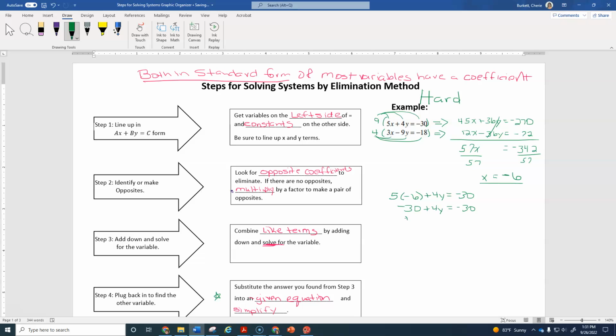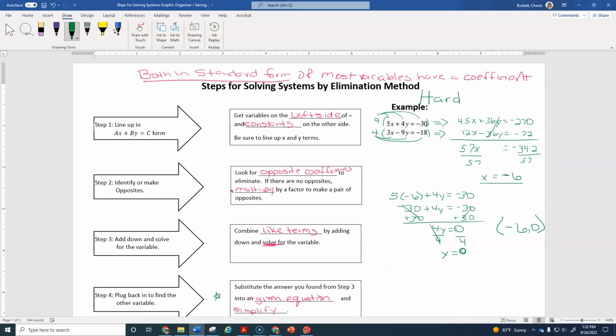Going to add 30 to both sides. Those add to 0. 4y equals 0, but I'm going to put the 0 because I need a number on this side of the equal sign. Divide both sides by 4. And 0 divided by 4 is 0. So I think the answer then is (negative 6, 0).